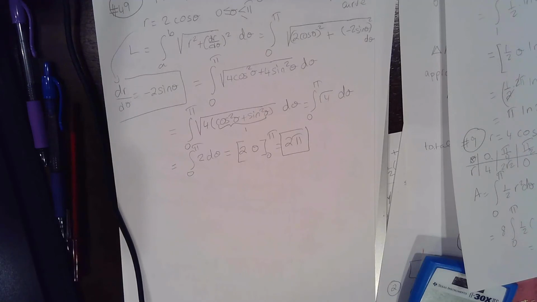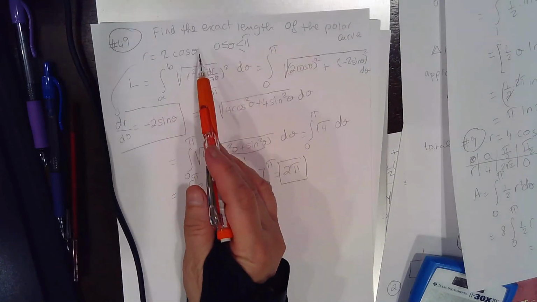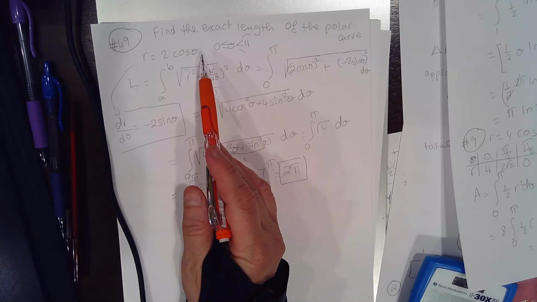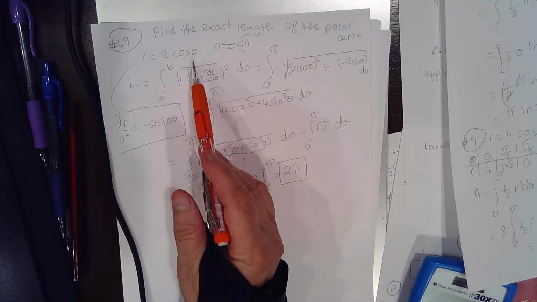That is the exact length of the polar curve, 2 pi. If you notice, isn't that a circle of radius 1, right?